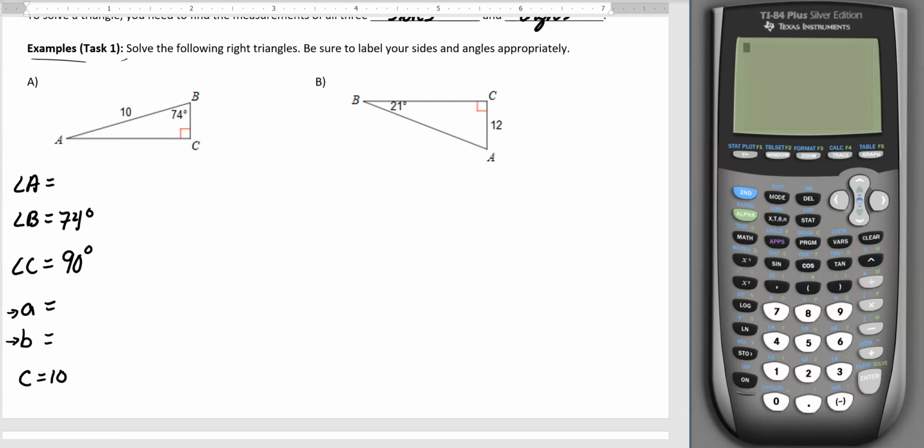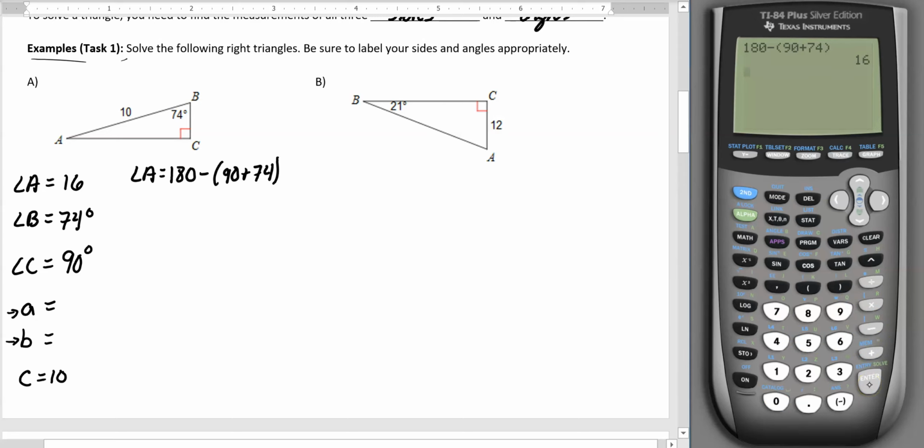So angle A will be 180 minus 90 plus 74. Let's put that in our calculator: 180 minus 90 plus 74. When I do that, I get 16. So angle A, we can say confidently now, is 16 degrees.